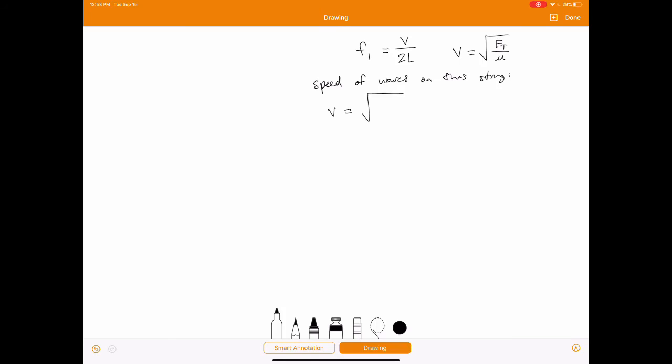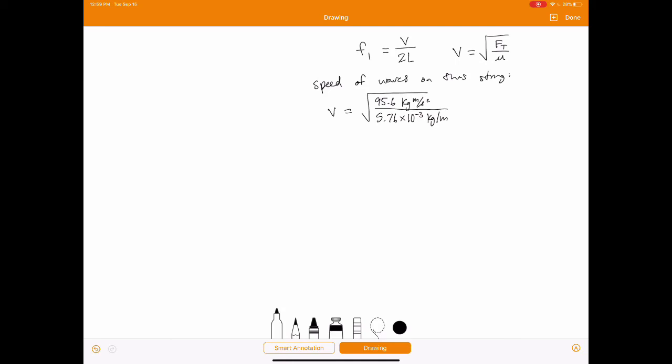Okay, so the force of tension is 95.6 newtons, but remember a newton is a kilogram times a meter per second squared. The linear mass density is 5.76 grams per meter. If we want to convert that to kilograms per meter, we'd have to multiply by 10 to the minus 3. So kilograms per meter is now the unit.